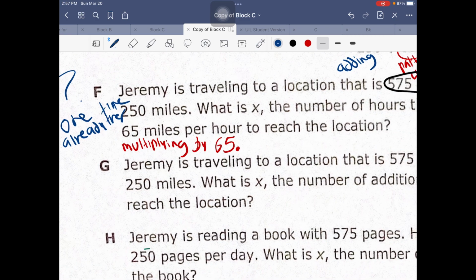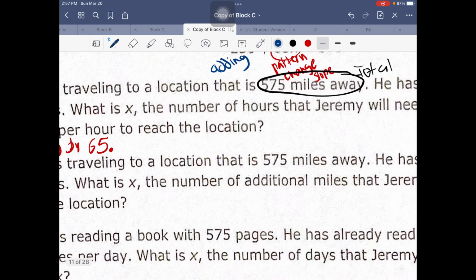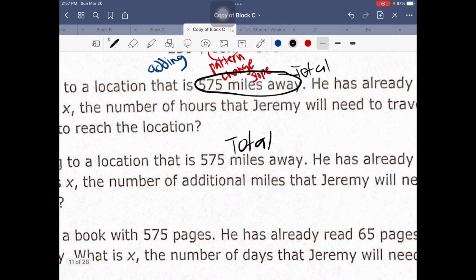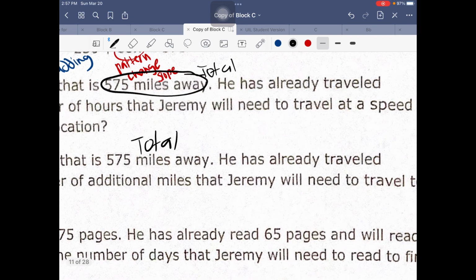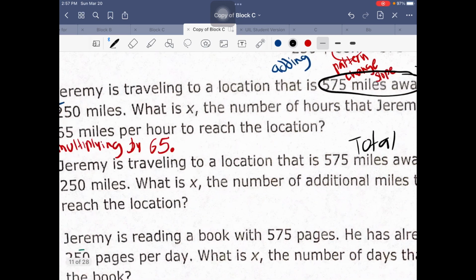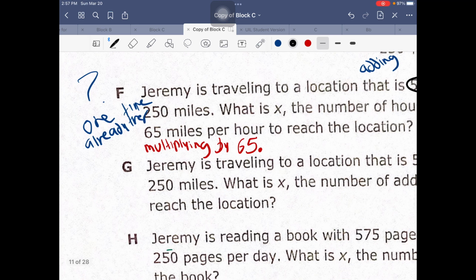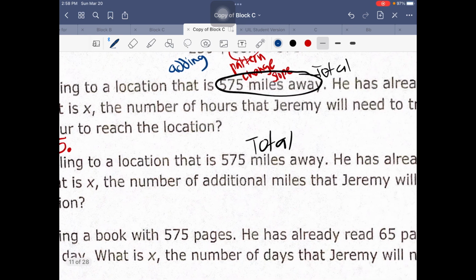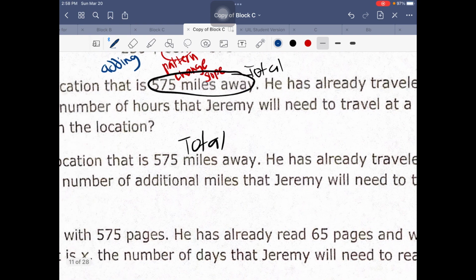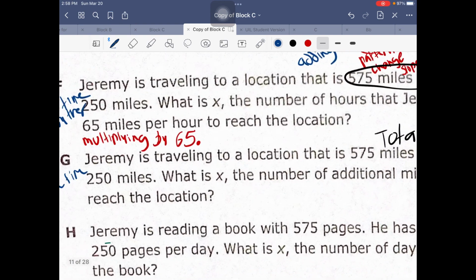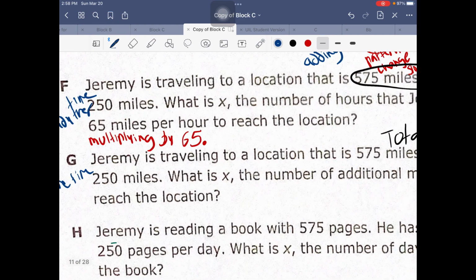Jeremy is traveling to a location that is 570 miles away. Once again, this is your total. This is good. We just need two more things to be correct as well. He has already traveled 250 miles. So that's your one time. And that looks good as well. What is X, the number of additional miles that Jeremy will need to travel to reach the location?